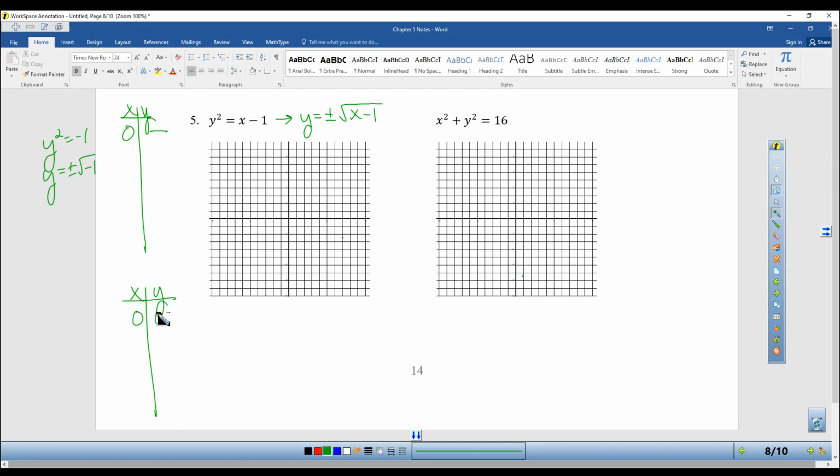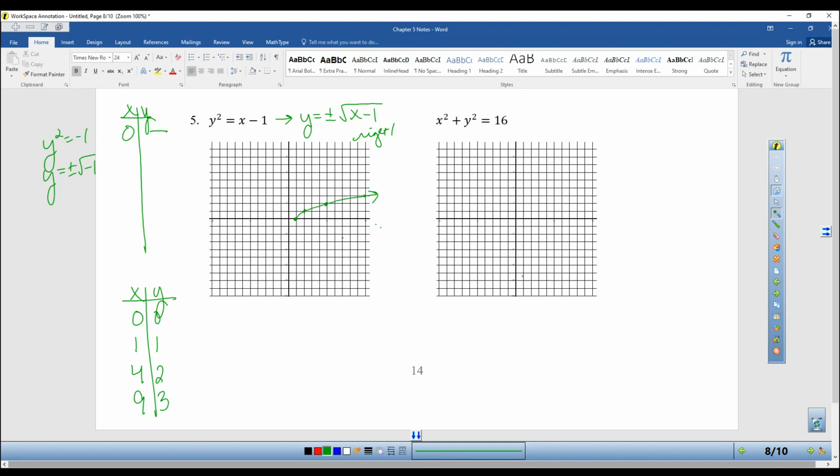So I can just use (0, 0), (1, 1), (4, 2), (9, 3). But I'm going to move my graph to the right 1. So I move it to the right 1, and that's my new origin: (0, 0), (1, 1), (4, 2), (9, 3). And I have myself a graph.